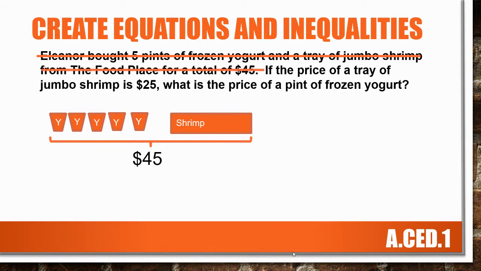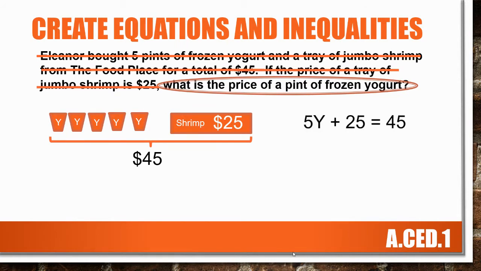And we're finished with that part of the sentence. If a tray of jumbo shrimp is $25, so we're going to put $25 in the shrimp tray. And the question is, what's the price of a pint of frozen yogurt? Well, there we go. We have 5 yogurts plus $25 is $45. You may be able to figure that out in your head, but let's do it with the algebra.